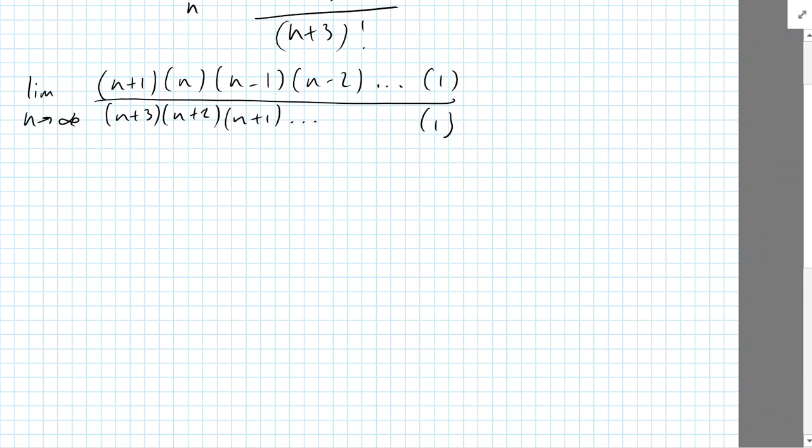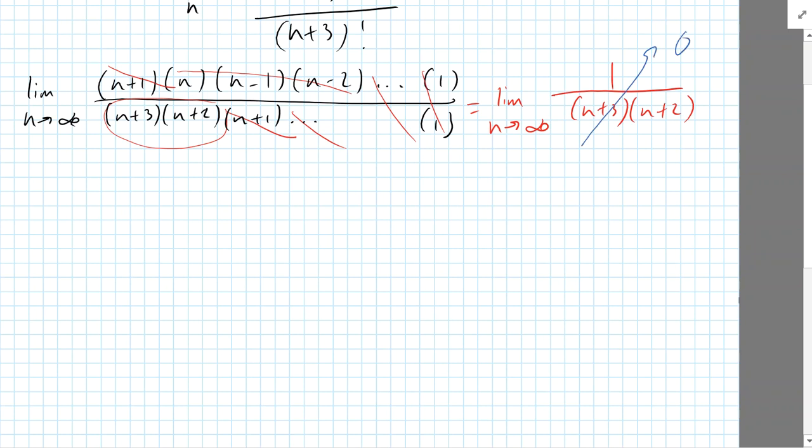And what you see is that this n plus 1 matches up to this. All the rest match up through the dot dot dot, and the 1 matches up. All that's left over is the n plus 3 and the n plus 2. So this becomes the limit as n approaches infinity of 1 over n plus 3 times n plus 2. As n goes to infinity, that whole fraction is going to go to 0 because you're dividing by infinity.